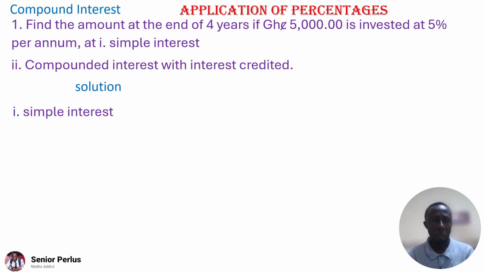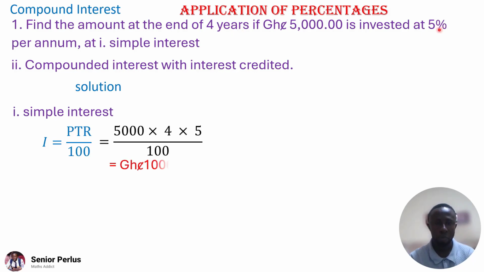Solution. They say we should find the simple interest, and we know our simple interest formula. So we know the principal which was invested, that's the 5,000. Then we have the years, we have the rate. So this one is simple. Therefore, our simple interest is this.